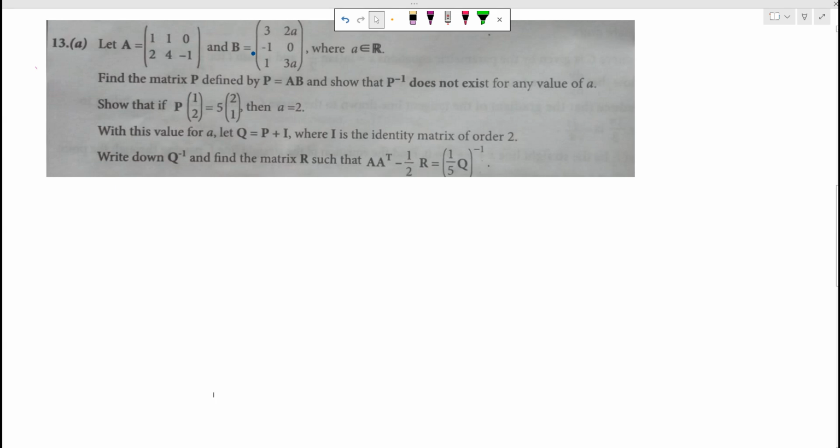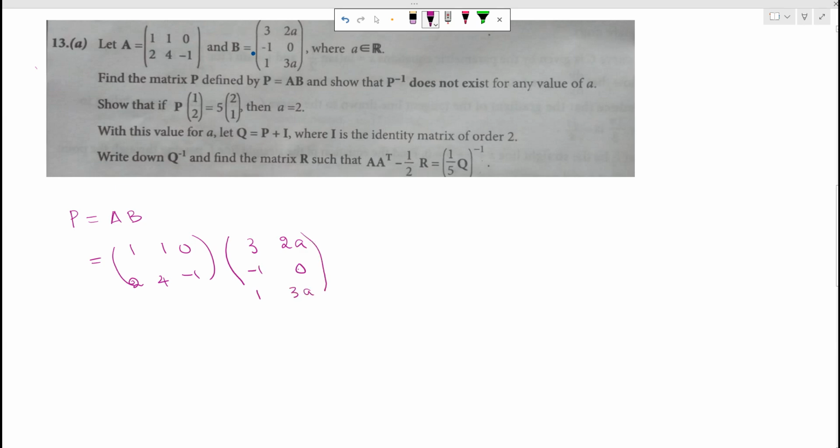So P is equal to AB, then A is given 1 1 0, 2 4 -1, B is given 3 2a, -1 0, 1 3a.